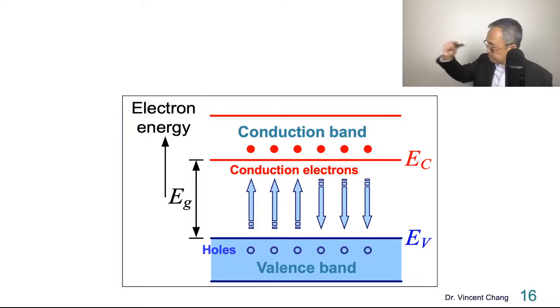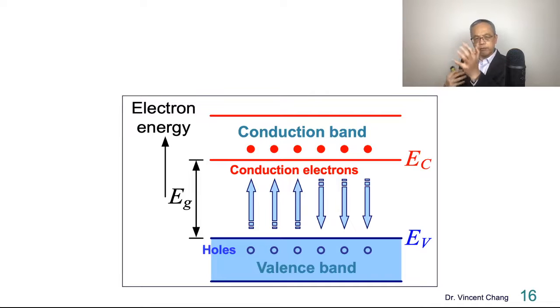So at any moment you see some electron comes in and another electron goes out. What am I trying to say? The amount of electrons in the conduction band will remain constant. All right? So if there are 10 electrons on the top, there are 10 holes on the bottom.